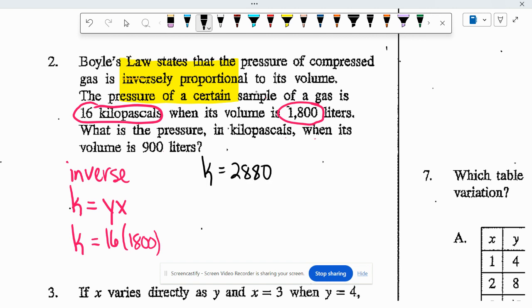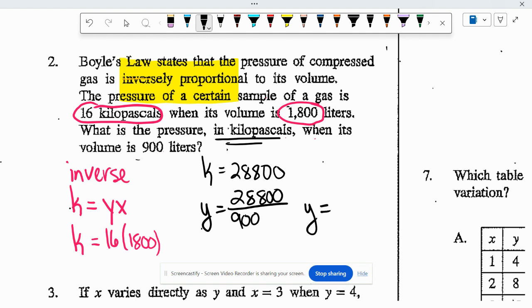28,800. All right. So we know that K is 28,800. So what is the pressure in kilopascals, meaning what is y when K, which is 28,800, has a volume, your x, of 900? 32 kilopascals. It's asking you for kilopascals, right?